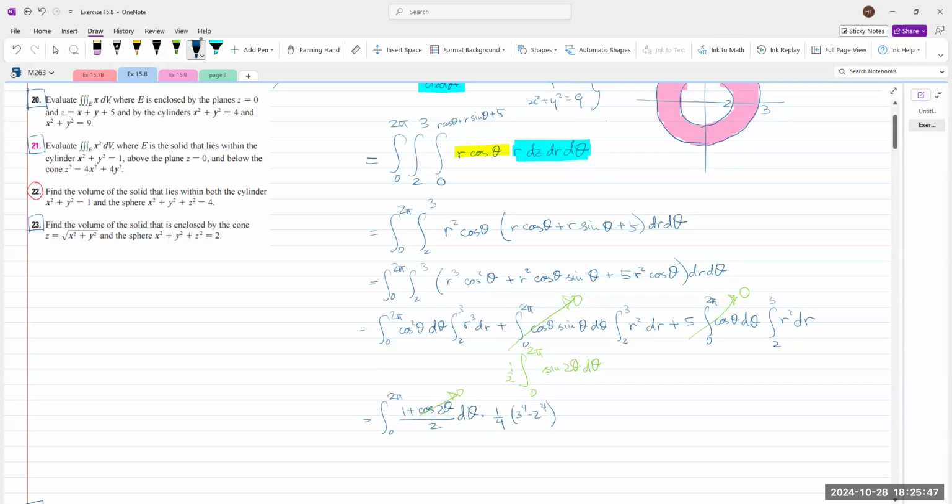So we get only 1/2 times 2 pi times 1/4 times (81 minus 16). So that's pi over 4 times 65, yeah, 65 pi over 4.